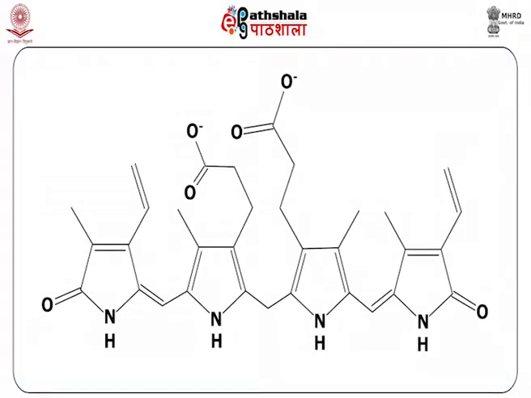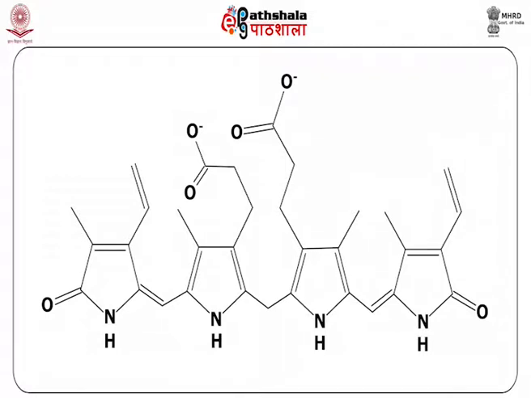Bilirubin has an open chain structure of 4 pyrrole-like rings, and in the case of the heme molecule, the 4 rings are connected to a larger ring known as the porphyrin ring. It can be made soluble in water by conjugating it with glucuronic acid, and this process is an example of glucuronidation.